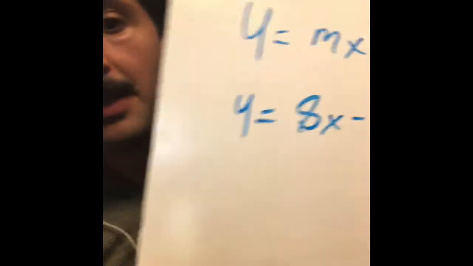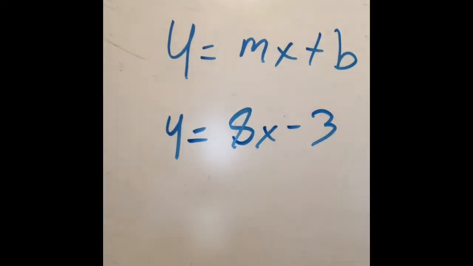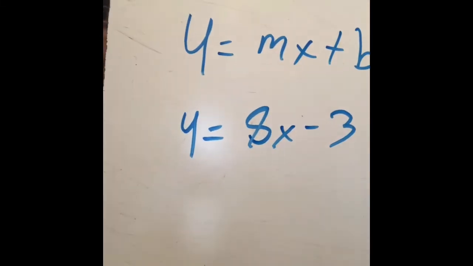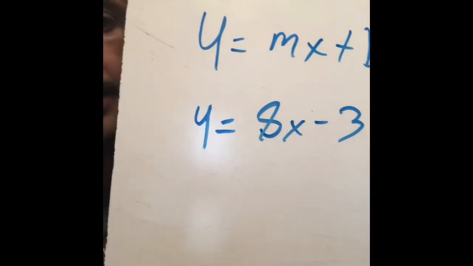We have the equation y equals 8x minus 3, and they want the same slope. So which one is the slope in this case? It is the 8. It's the m value.